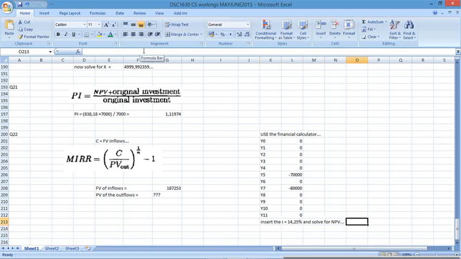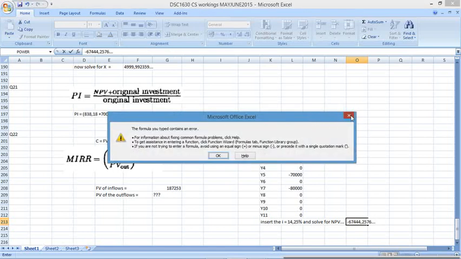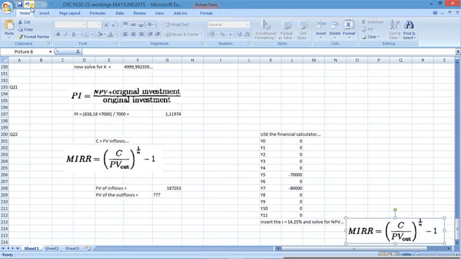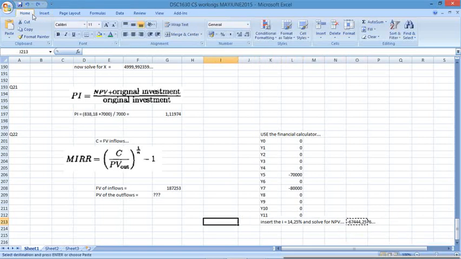Okay, if I solve for NPV, I get negative 67. Alright, so all I need to do now is take this amount, substitute into this equation, okay, and solve.